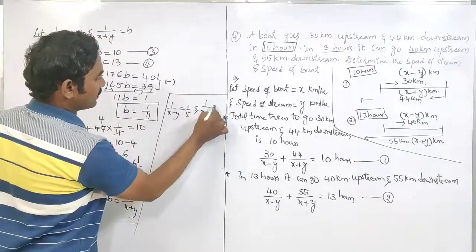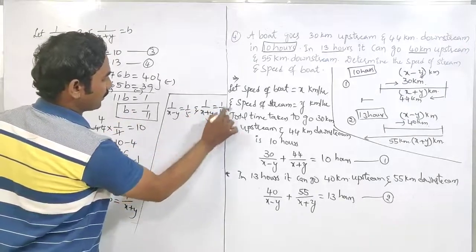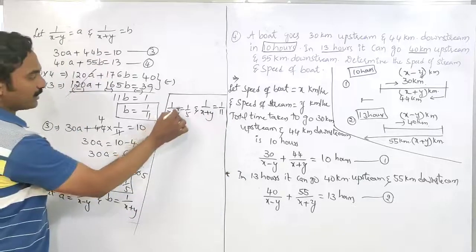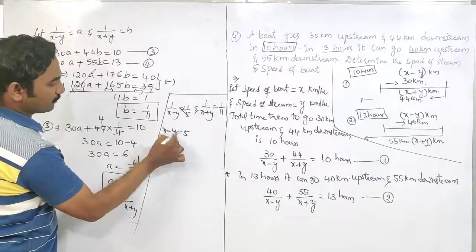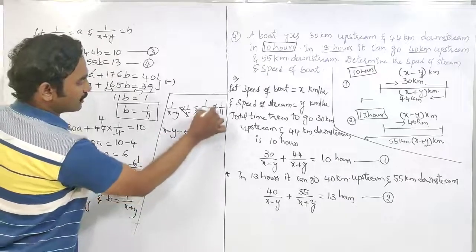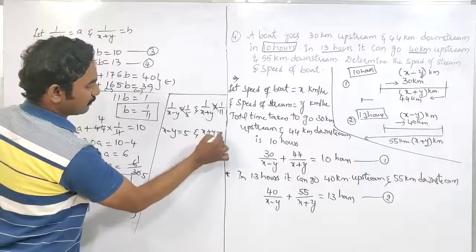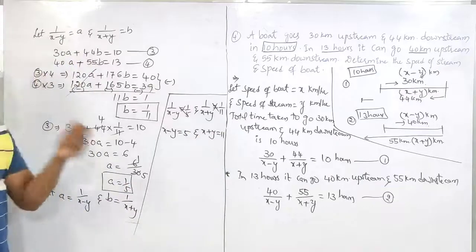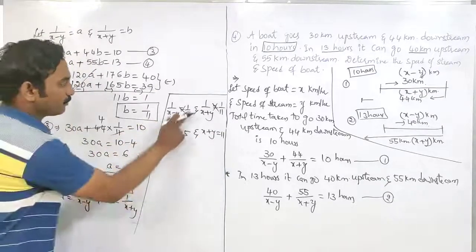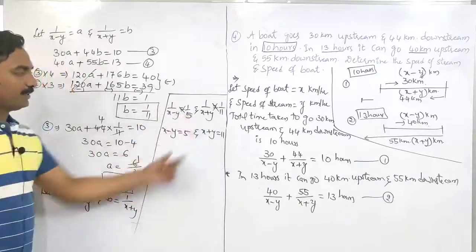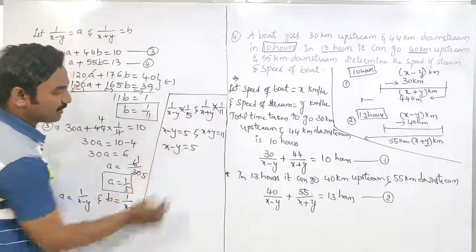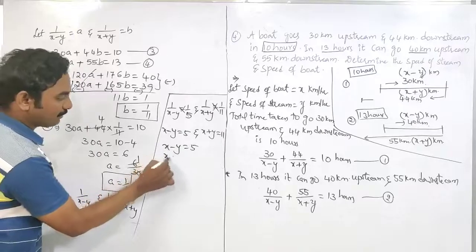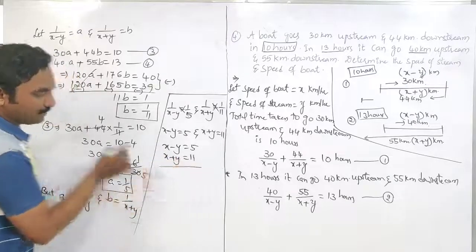Now doing cross multiplication: x minus y is equal to 5, and x plus y is equal to 11. So writing these two equations side by side, x minus y is equal to 5 and down here x plus y is equal to 11.